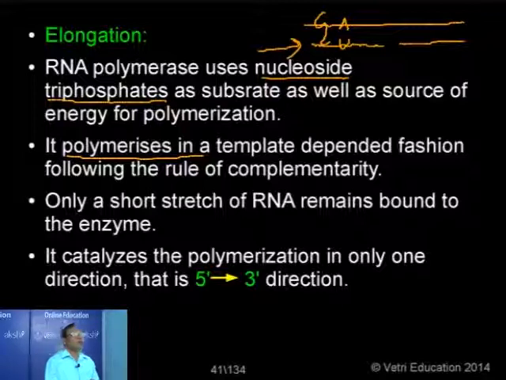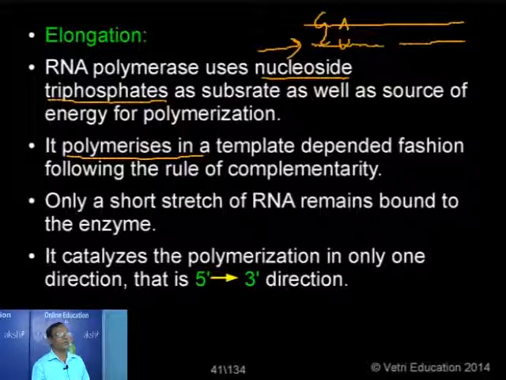So I mentioned only a short stretch of RNA is attached to the RNA polymerase. Always the RNA polymerase catalyzes the reaction only in the 5' to 3' direction. I mentioned already, either the synthesis of protein during translation, or the replication process of DNA, or the transcription process, here also the message is transcribed.